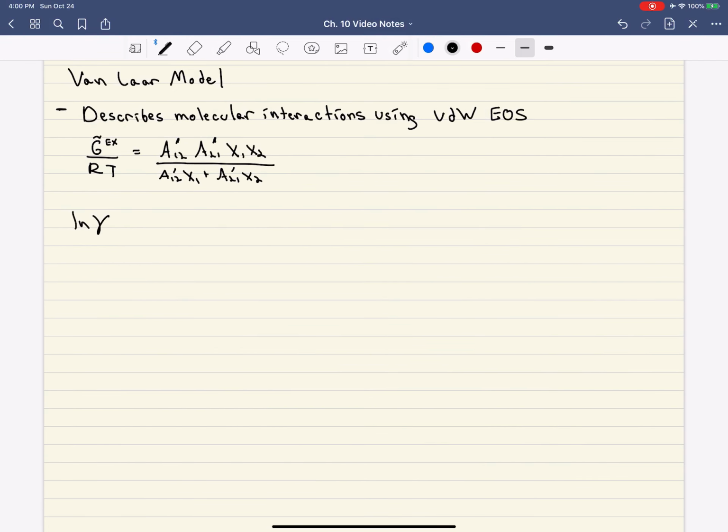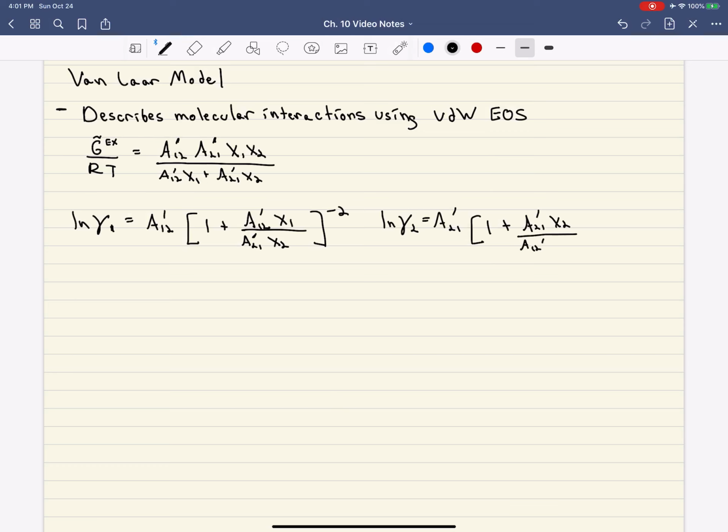And if you went out and did the partial derivatives, you would get that the activity coefficients are equal to this. 1 plus A12 ... ln of gamma 2 is equal to A21 prime times [1 plus A21 prime x2 divided by A12 prime x1], also raised to the negative 2.